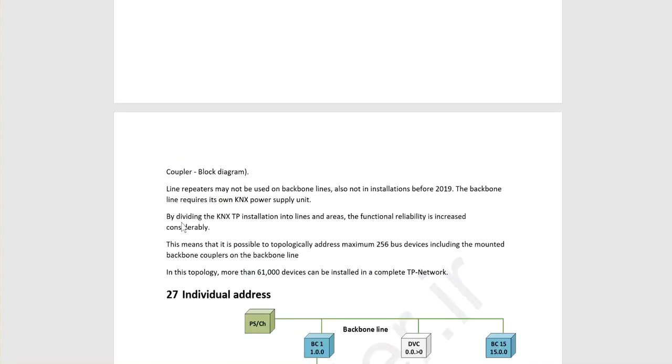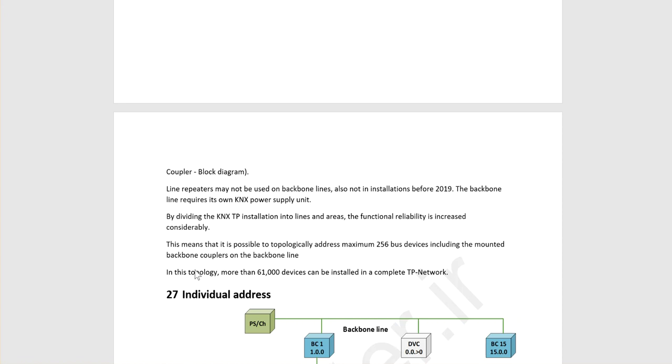The book said that by dividing the KNX TP installation into lines and areas, the functional reliability is increased considerably. Yes, it is true. Of course, it increases the cost of the project, but the reliability will be increased, and the transparency of the project is much better.